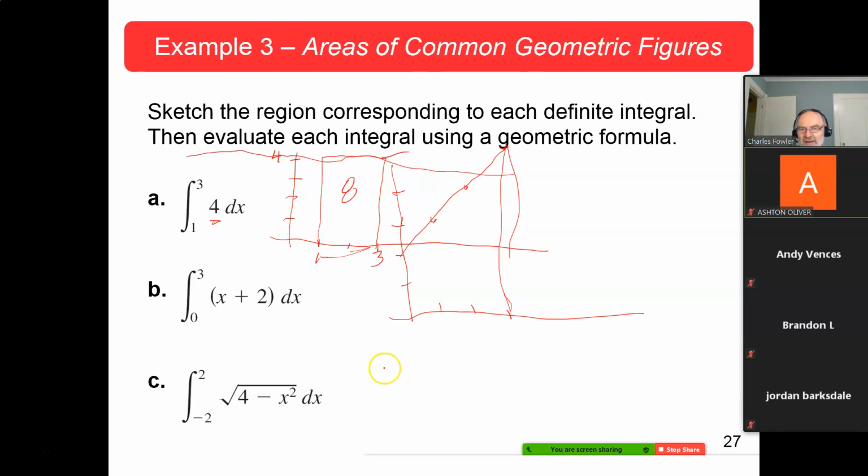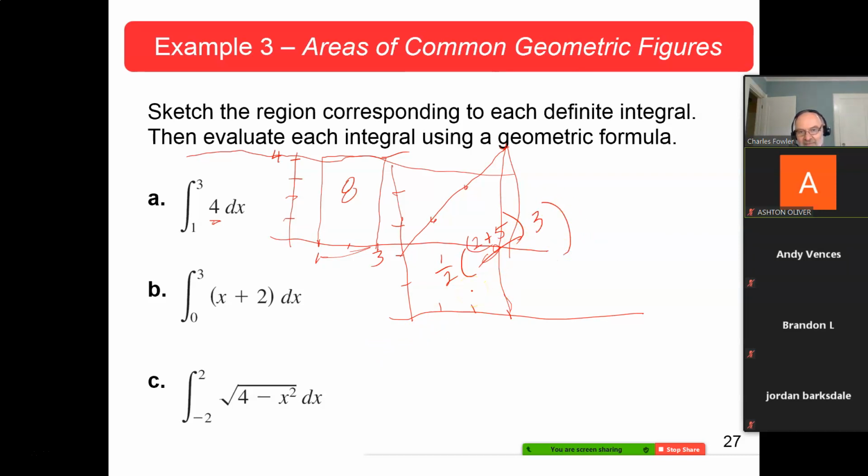Now remember how we did the area of a trapezoid? The width is 3, and it's 1/2 the sum of the bases. Now the bases are here. This is 2 here, and this is 5 here. So that would be 2 plus 5, which is 7, times the width is 3.